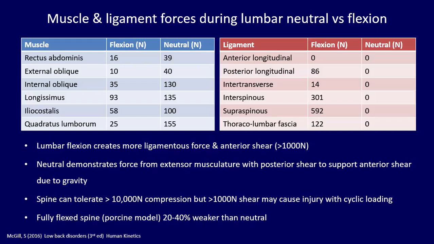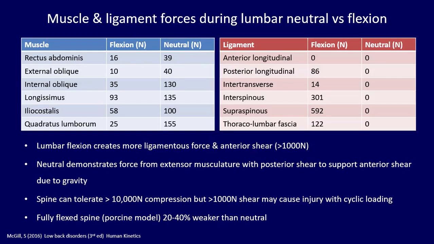As we go further, the concavity becomes convex. So the inward curve of the lumbar spine in neutral becomes reversed and flattened as we go initially into flexion, and then becomes an outward curve as we go further into flexion.